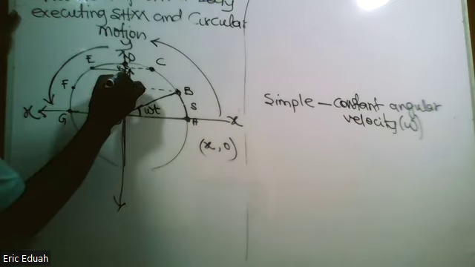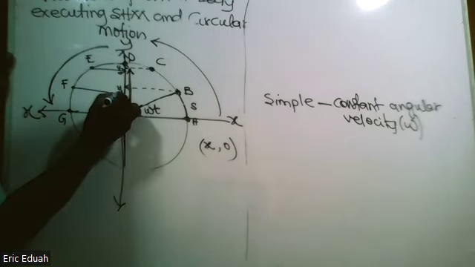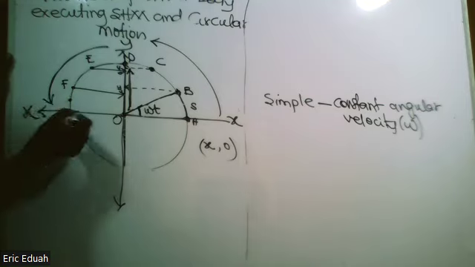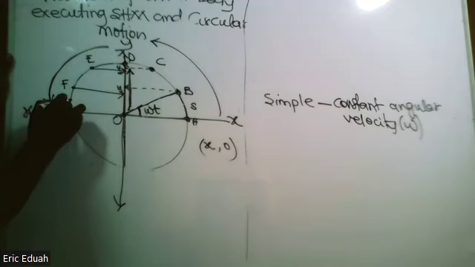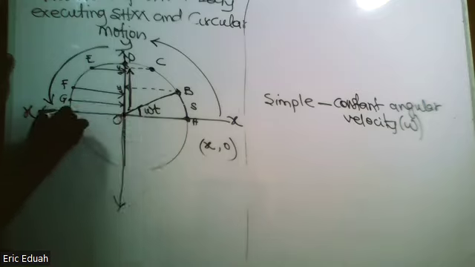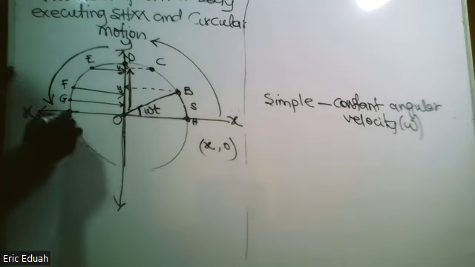When we trace it, it's like this. F here. Let me create another point before G. So G, H. When it comes to the point G, its image is here. At the point H, what is the image of the body along the Y? What will that be?